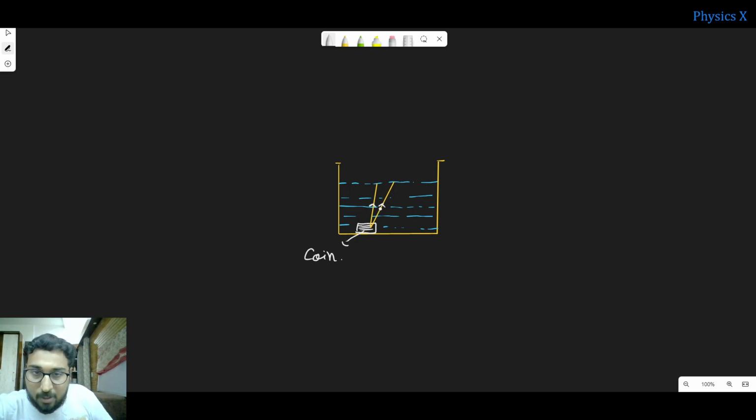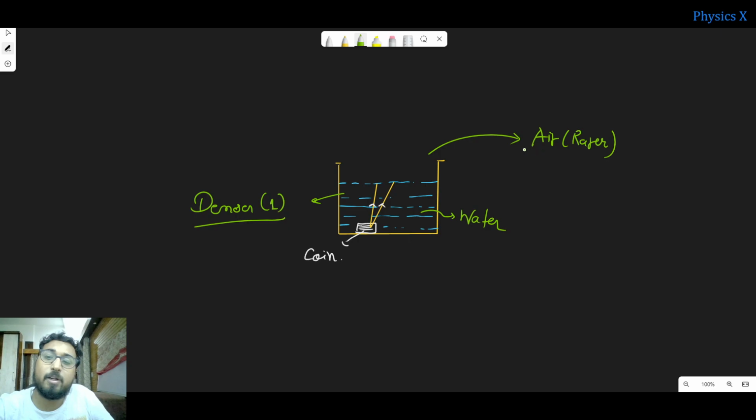So what will happen if you try to observe from somewhere above this container? The coin is immersed in water in a container. Now, water is a denser medium, medium 1, and here is air, a rarer medium when you compare it to water.